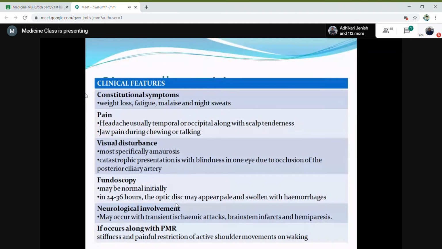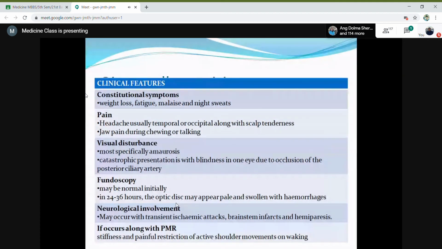The clinical features include constitutional symptoms with weight loss, fatigue, malaise, and night sweats. There can be pain, mainly headache, usually temporal or occipital, along with scalp tenderness. Jaw pain can occur when the patient is chewing or talking. There can also be visual disturbances. The patient may have loss of vision in one eye due to occlusion of the posterior ciliary artery.